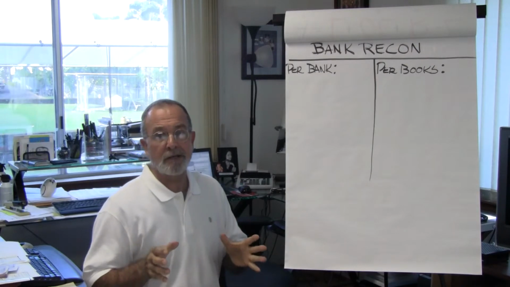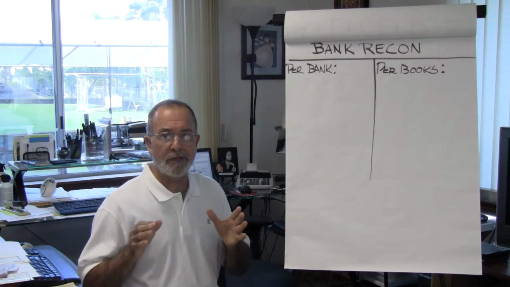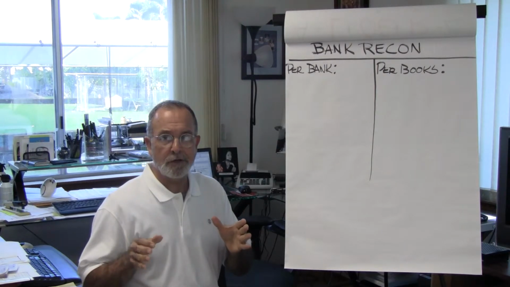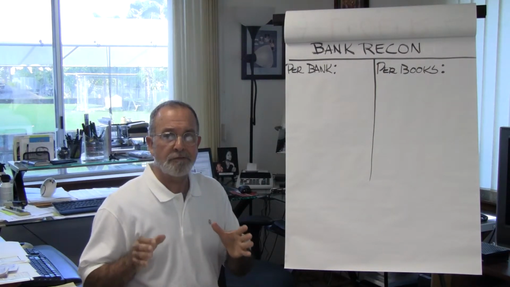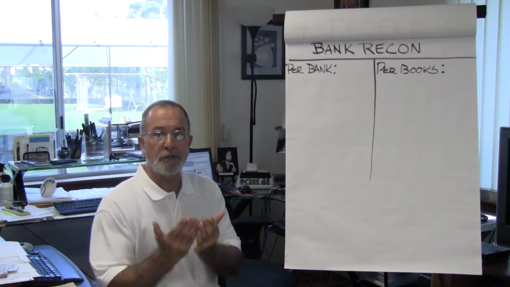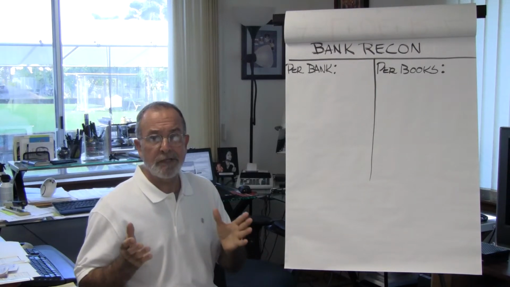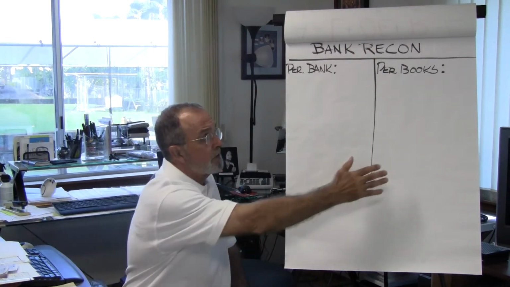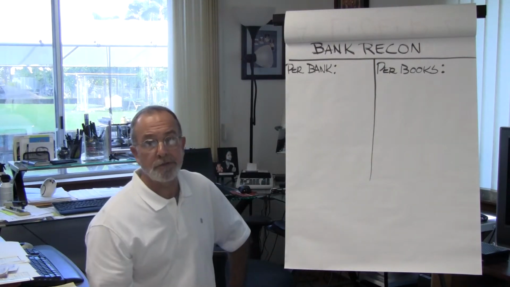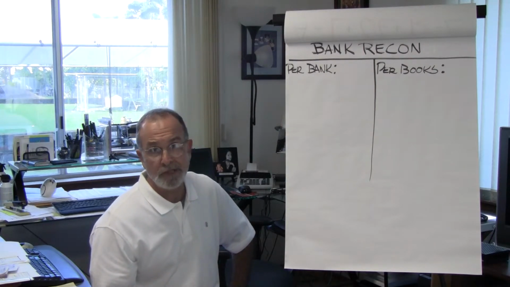And so we would not know the amount of that charge to our account until we received our bank statement. At such time when we receive our bank statement and do our bank reconciliation, then we know what that charge is, and we can enter it into our books as a reduction of our cash balance for bank service fee.